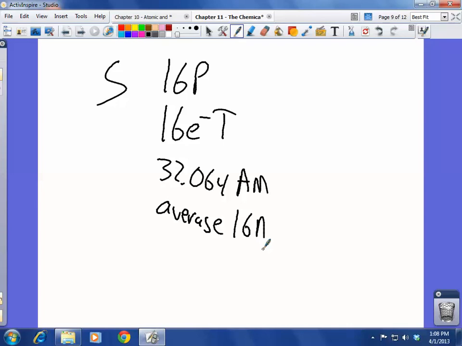What else can we say? It starts with S. It has 3 orbits. It's in period 3, so it has 3 orbits. And it has 6 valence electrons.